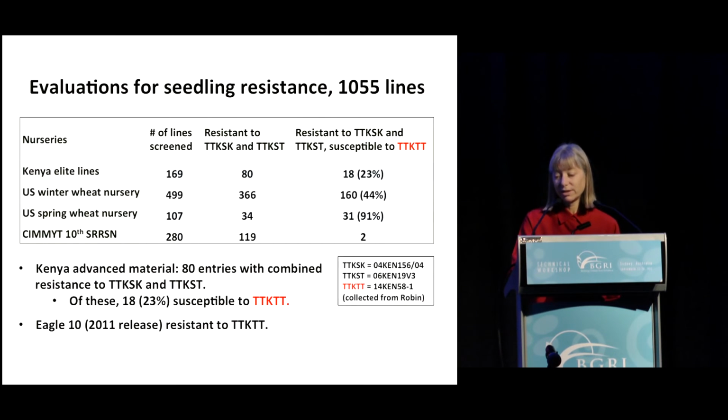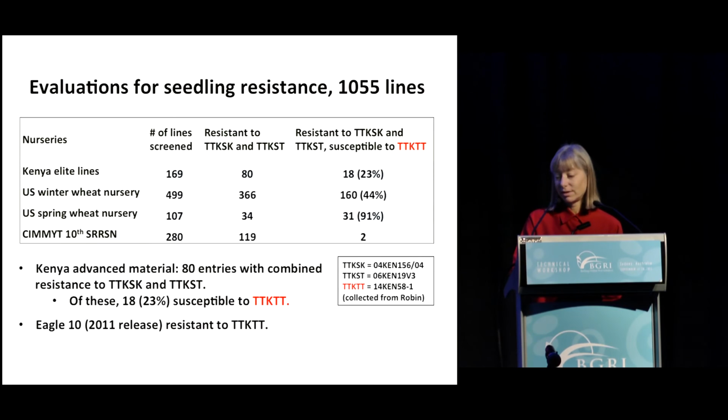In the winter wheat, the US nursery, 44% that had been resistant to TTKSK and TTKST are susceptible to TTKTT. And that's a total of 91% in the US spring wheat nursery.